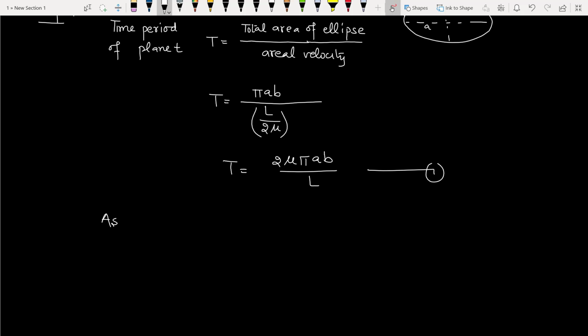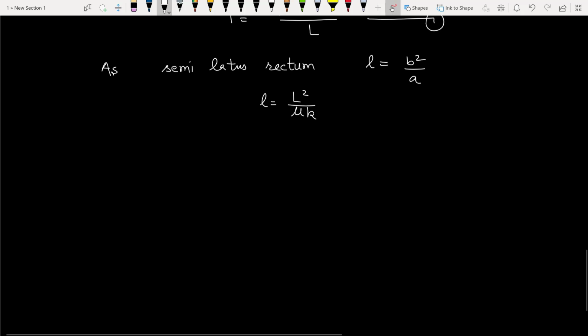As we have proved, for the conic in which the planet is revolving around Sun, the semi-latus rectum is given by b square by a, and the semi-latus rectum is related to total angular momentum by the formula L square by mu k.